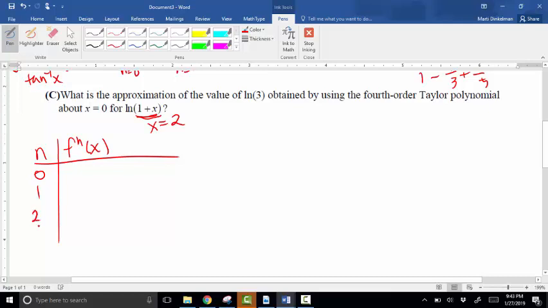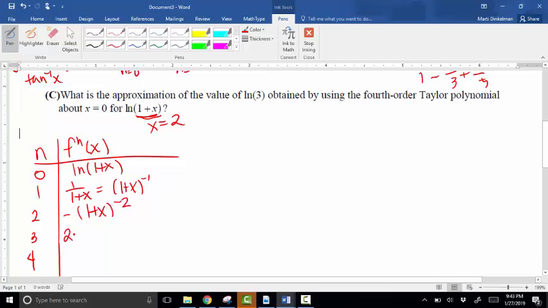I'll put that third column here in just a second. Hopefully there's enough space here. So we're talking about natural log of 1 plus x. The derivative would be 1 over 1 plus x, which to me makes more sense to put in its exponent form, or power form, so I can do the power rule. So this one is going to become negative 1 plus x to the negative 2.